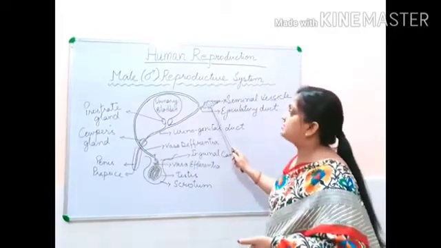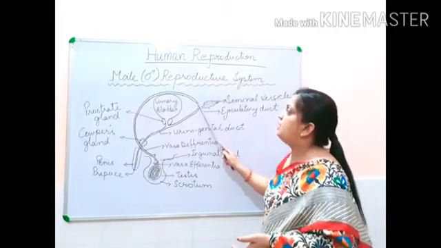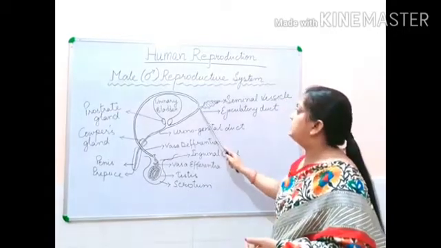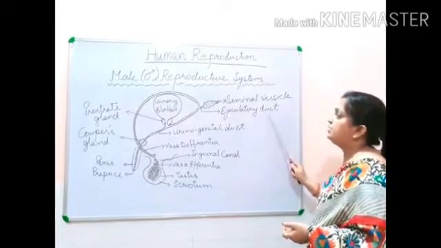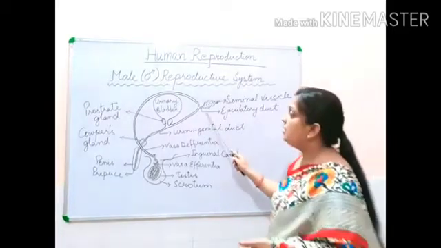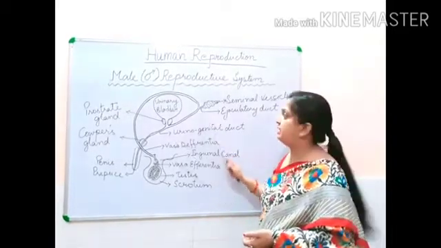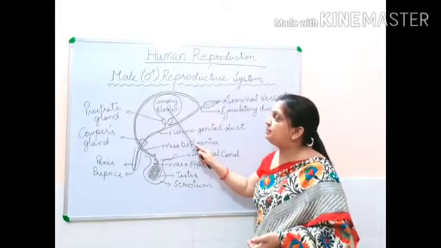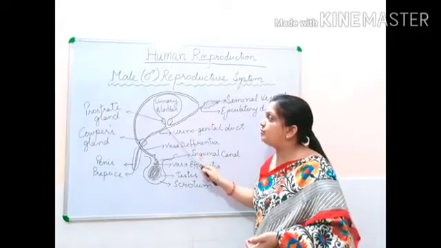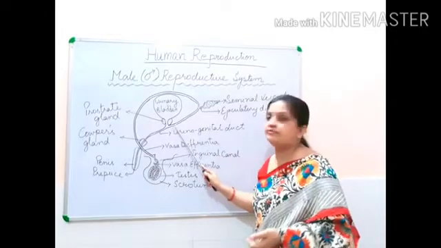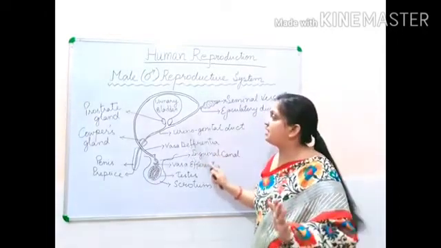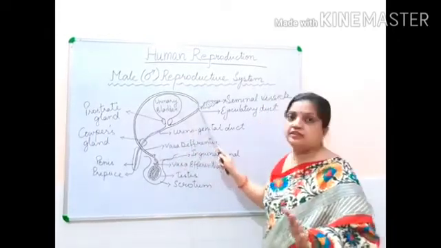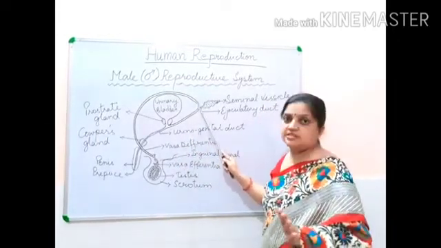Where the seminal vesicles and the vas deferens connect with each other, that part is called the ejaculatory duct. From this ejaculatory duct, a pipe is moving downward, and the urinary bladder pipe is also opening into the same ejaculatory duct part.